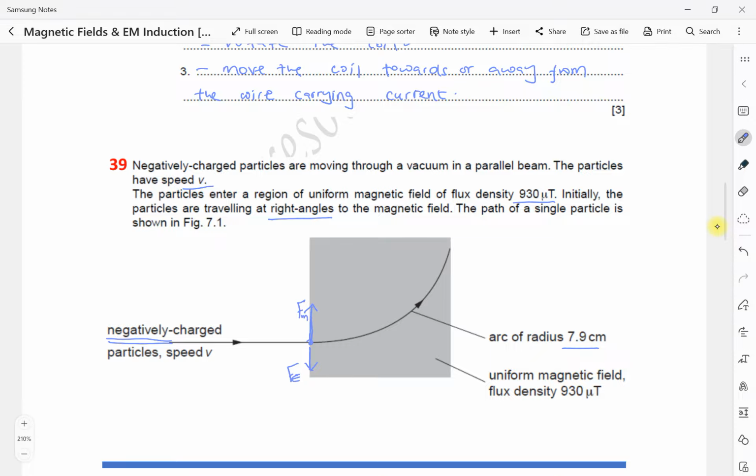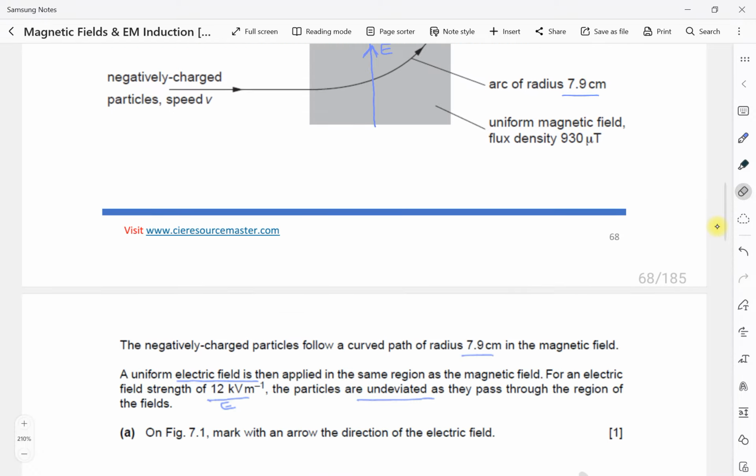Do not forget that the electric field lines always point from high potential to low potential. So the electric field must be in this direction here. Therefore, I can now remove all these other lines to leave what is required. So E is going to be upwards.